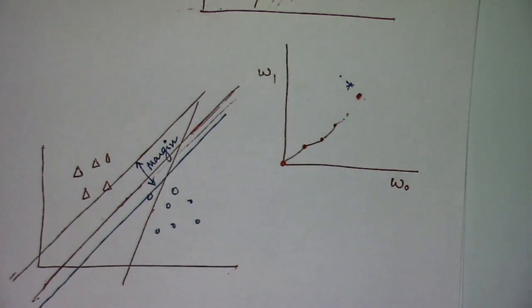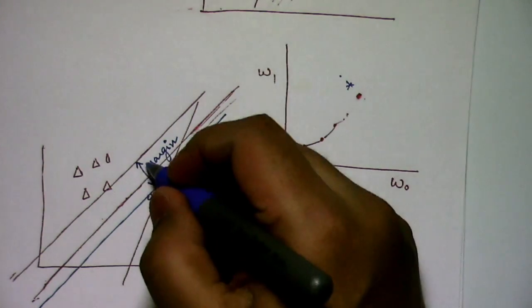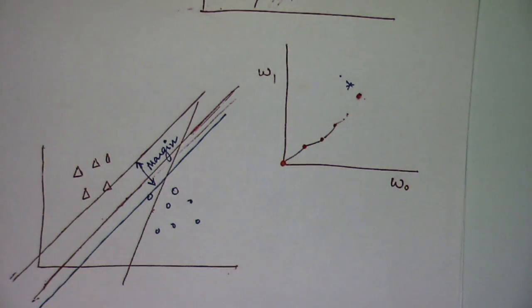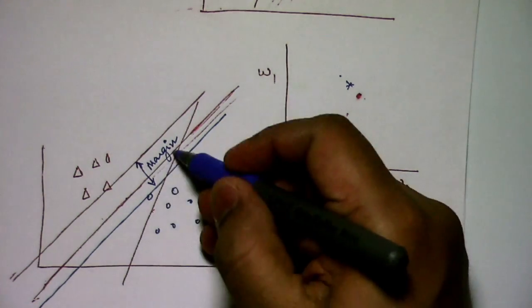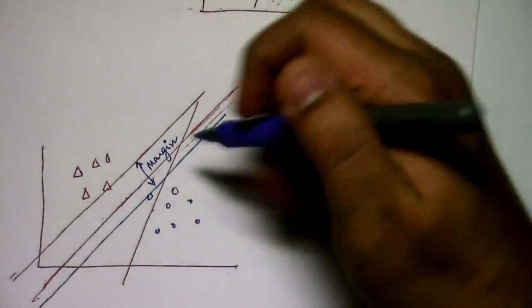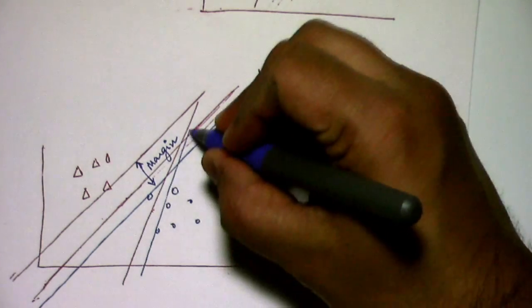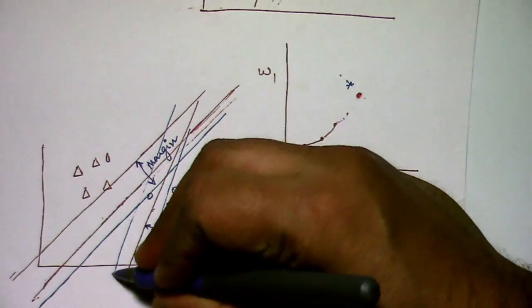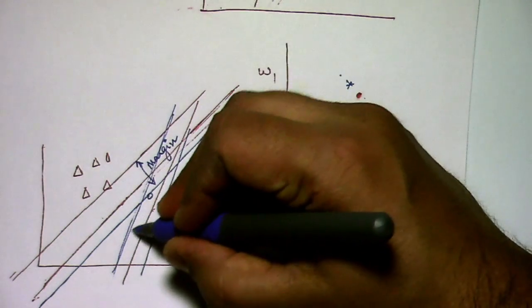Okay, so a classifier which can maximize this margin is the best classifier. A line in which the margin is maximized is better than a line in which the margin is smaller. So in this case, the margin is going to be this because this is the smaller value. The margin has to be symmetric on either side, right?